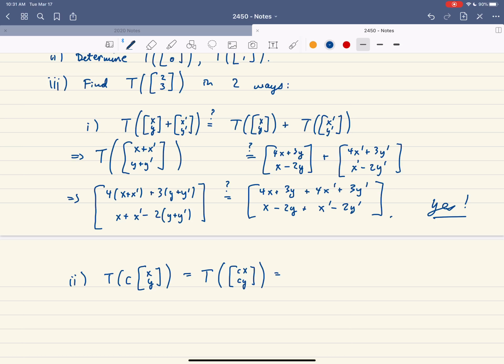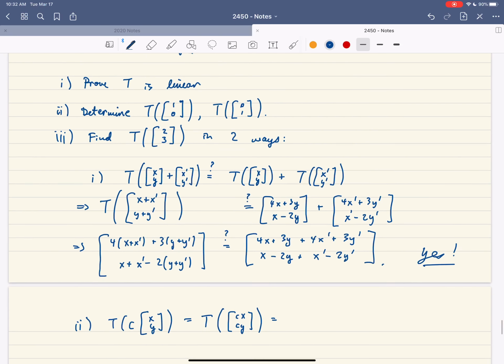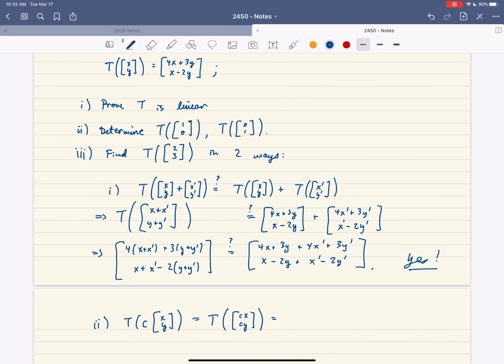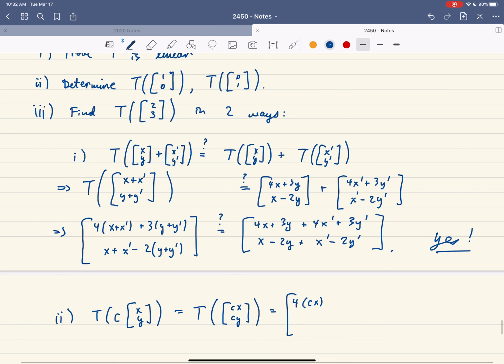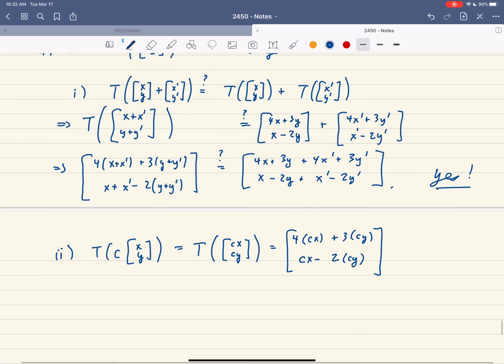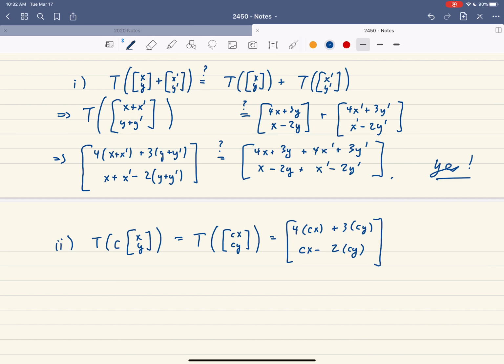Now we think about what our image is if we put (cx, cy) into our transformation. The rule is the same. We get 4 times cx plus 3 times our bottom value as the top entry. And on the bottom, we get the top entry minus 2 times the bottom entry. And there we go, that's T of c(x, y).